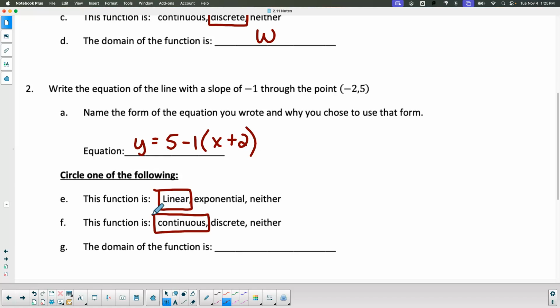The domain of that function? All real numbers. Is there any restrictions? No restrictions. So then it'll be all real numbers.